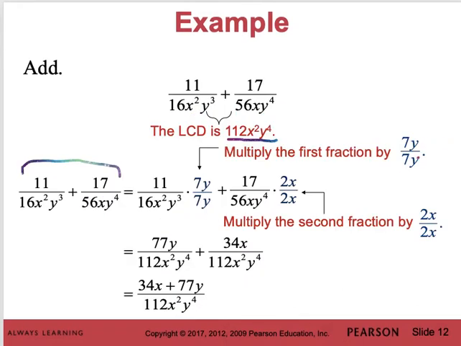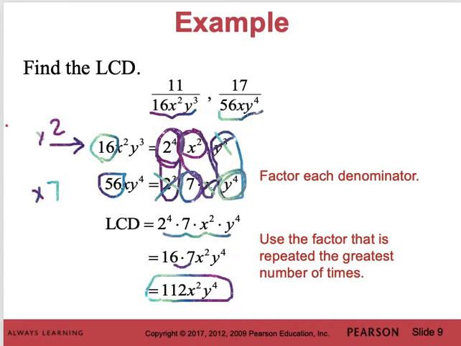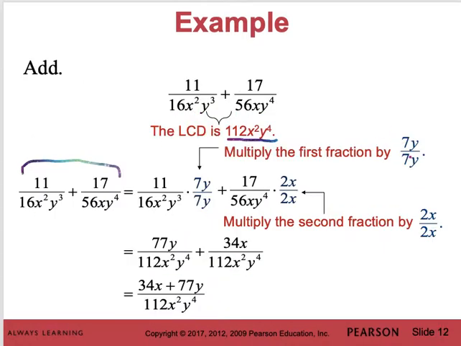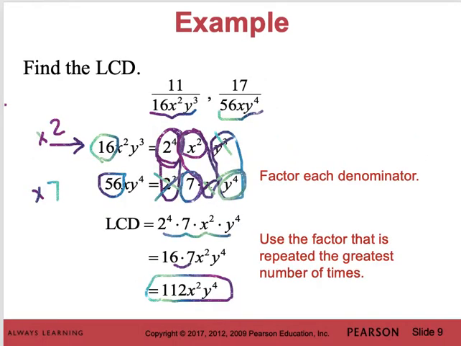Why would we multiply by a y and an x? So let's look. We chose, look at it again real quick, 7 and y were together, and 2 and x were together. So we have 7, and this one had the extra y. And 2x, this one had the extra x.